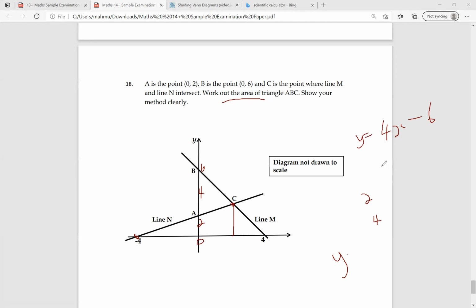And the second one is y equals -4x plus 2. So now we have to find where they intersect each other. So we use that equation. 6 minus 2 is 4.